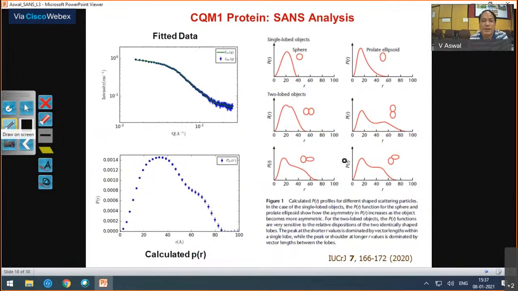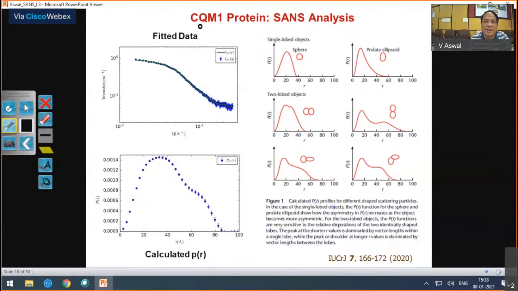So this shows P of R calculation for a protein receptor involved in mosquito diseases like malaria, dengue.